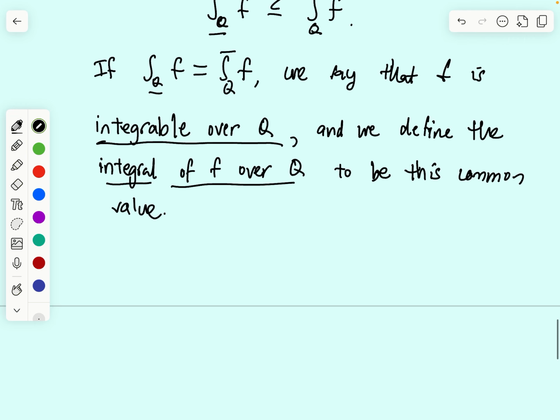And in this case, we would write the integral like this. Now notice that I don't have a dx or anything like that. We'll talk about that later, but for us, we're just going to write the integral like this. The integral of f over Q.